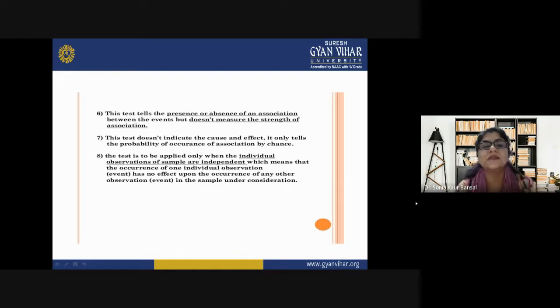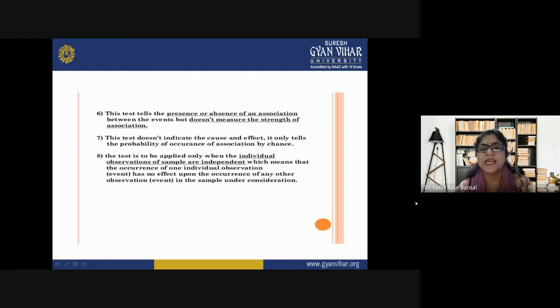Students, this test tells the presence or absence of an association between the events but doesn't measure the strength of the association, how strongly it is related. It will tell you definitely that these two variables are associated, or that association is absent. But it is not going to tell you how strong it is.